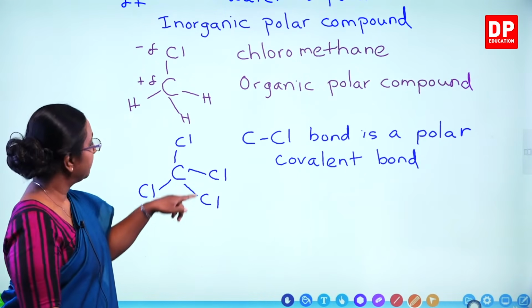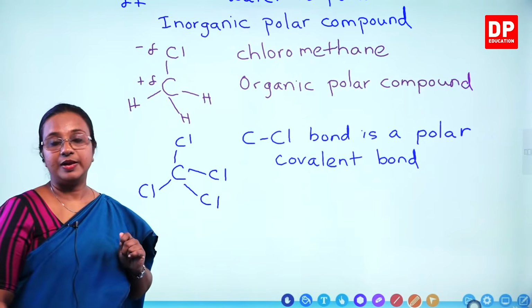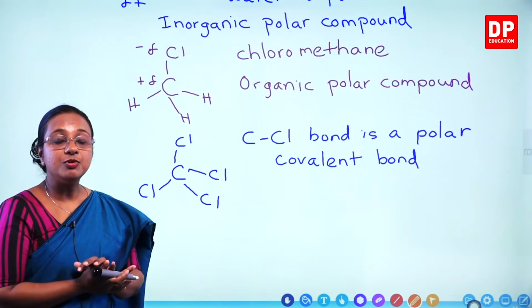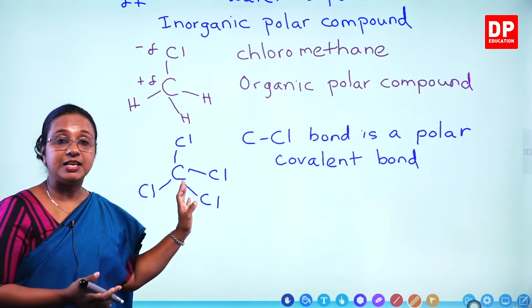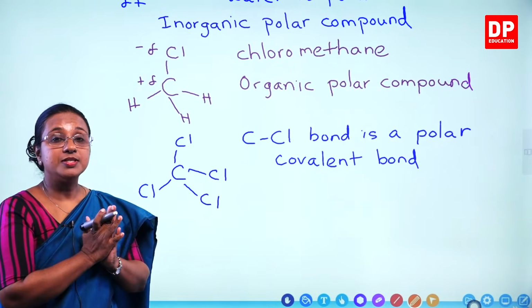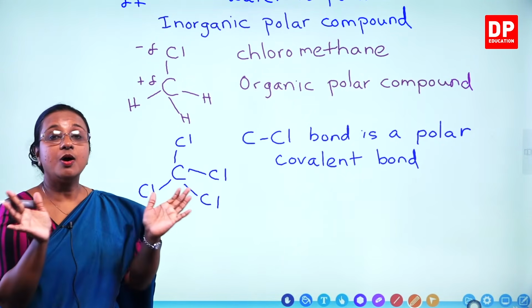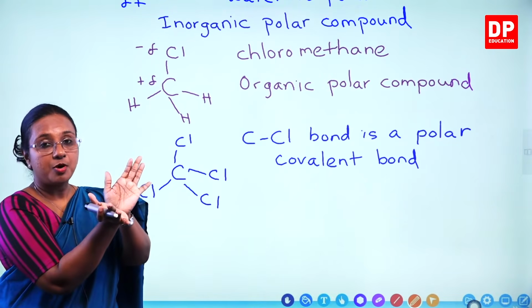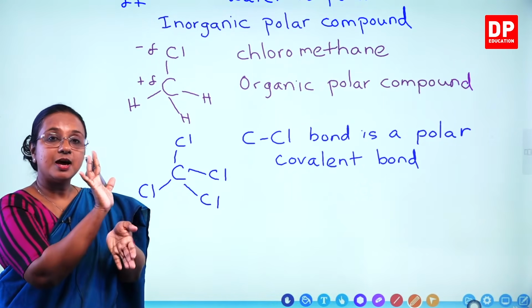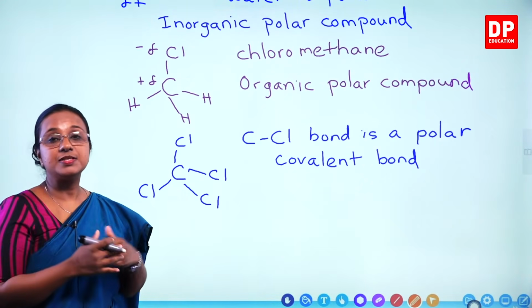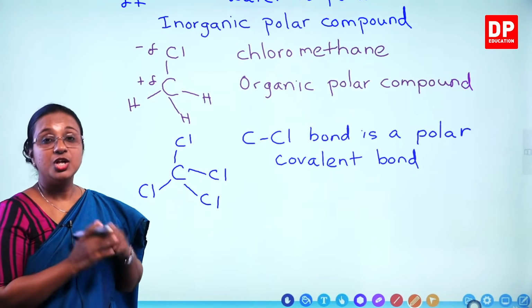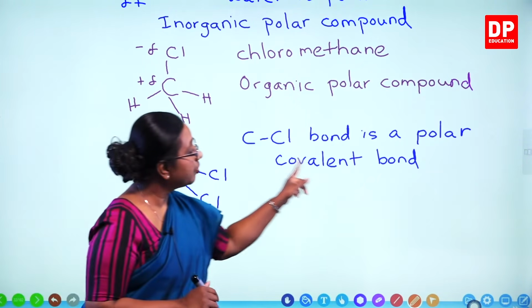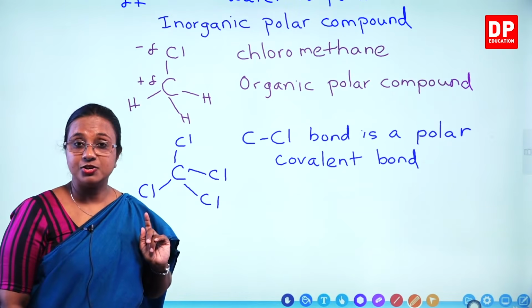But there are 4 polar covalent bonds, and if you look at the structure in detail, 2 bonds are opposite to each other. There are bonds like this, and there are bonds opposite to the first 2 bonds. So therefore, this polarity is cancelled off.